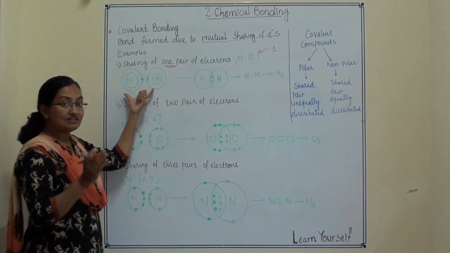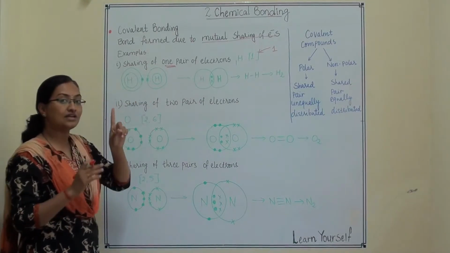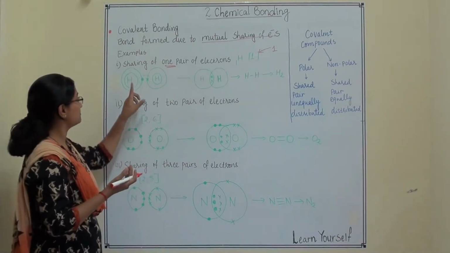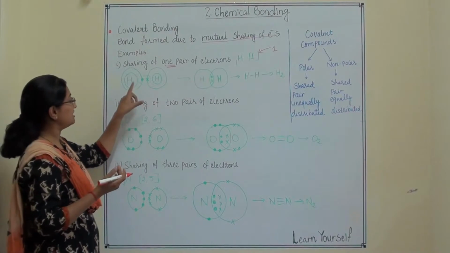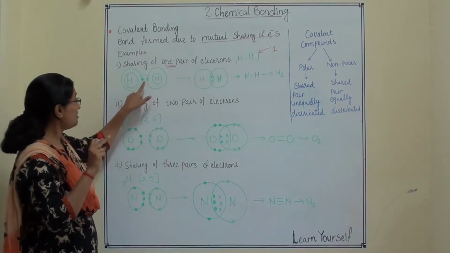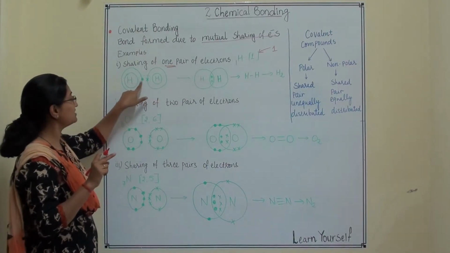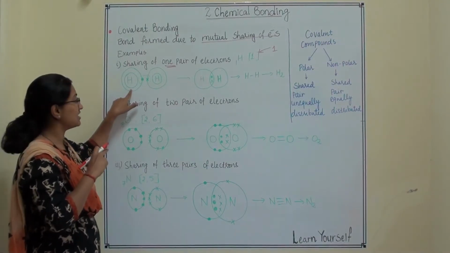So here there is no transfer of electrons. One hydrogen will share one electron with another hydrogen. Only for understanding purposes, I have marked this electron with a cross. It shows that this electron is from this hydrogen and this dot electron is from the other hydrogen.